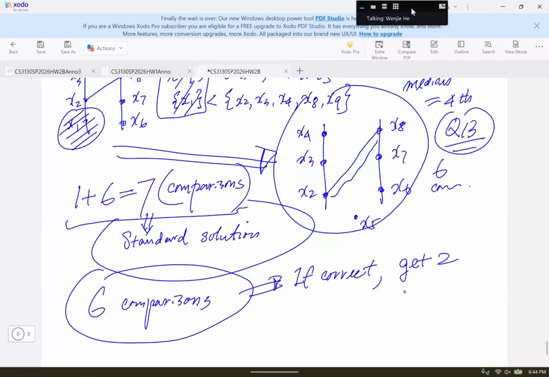I encourage you to do better. If you beat the standard solution, you can earn 2 extra bonus points.